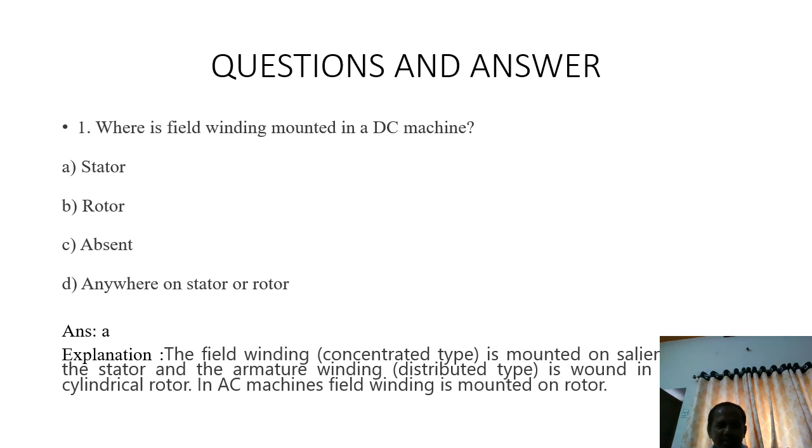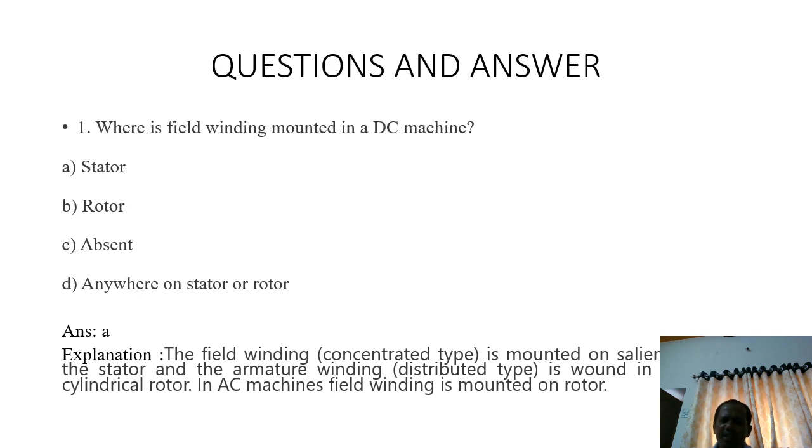Come on, I am going to ask one question. Can anyone give the answer? Where is field winding mounted in a DC machine? A. Stator. B. Rotor.